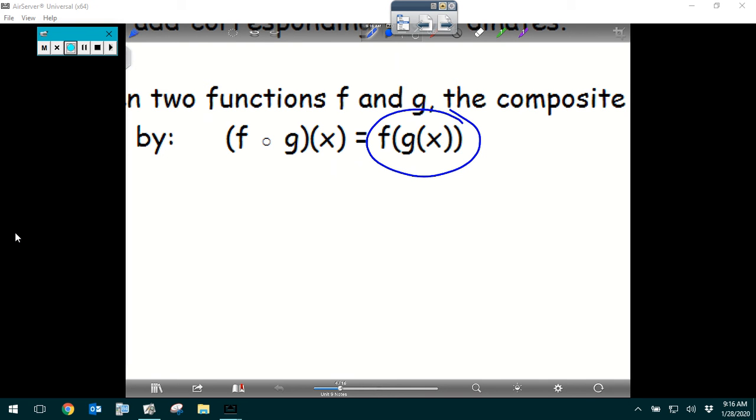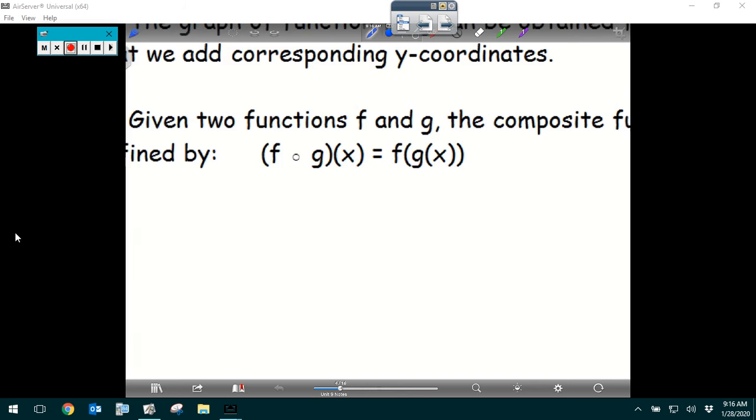You probably remember that from last year. This one means the same thing. It means f of g of x. We just need to be comfortable with both kinds of notation, since we'll probably be facing both kinds. Even though we may have a preference, we just need to understand what that means. So we'll also deal with composite functions.